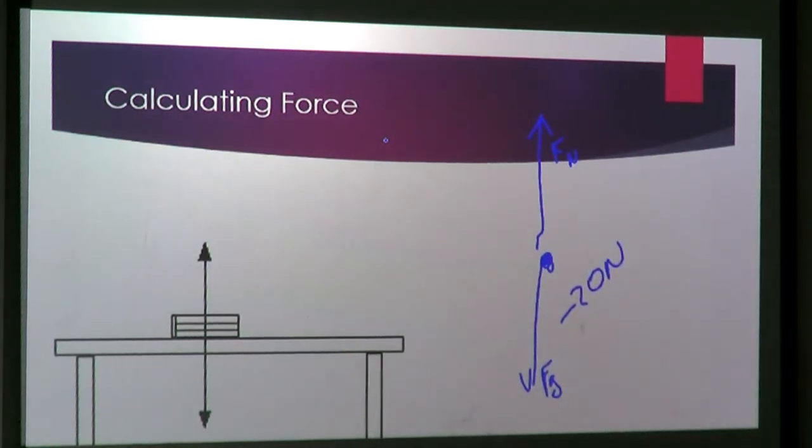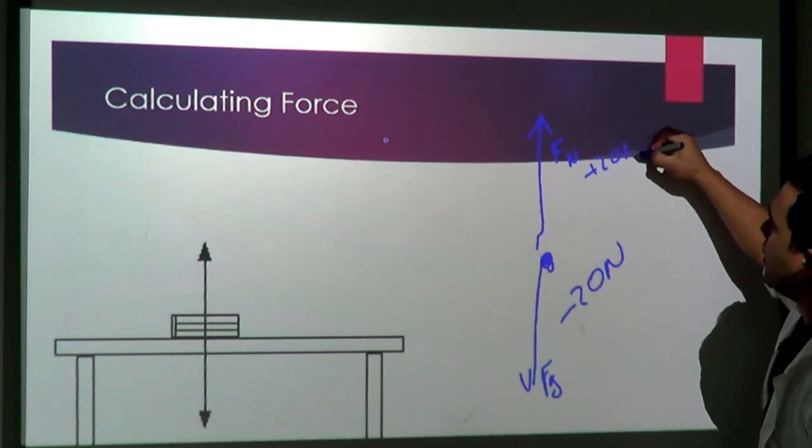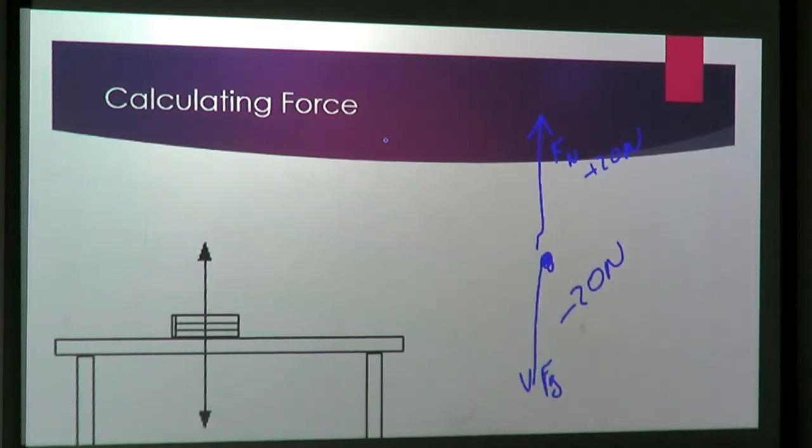According to Newton's third law, every action has an equal and opposite reaction. Yes or no? Yes. So the normal force is going to be positive 20. Opposite, equal reaction. Yes or no? Yes.